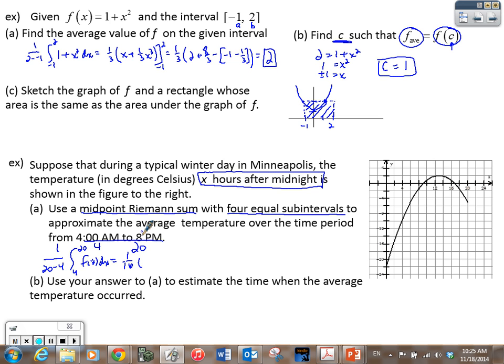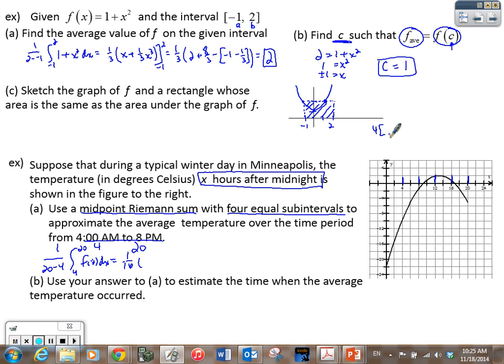We're going to have to go over here and get that area. So from 4 to 20, and we need to do 4 equal subintervals. So it looks like there's our 4 rectangles right there.